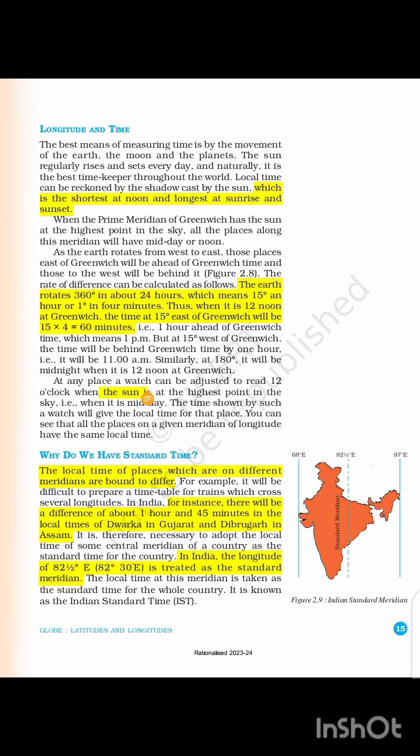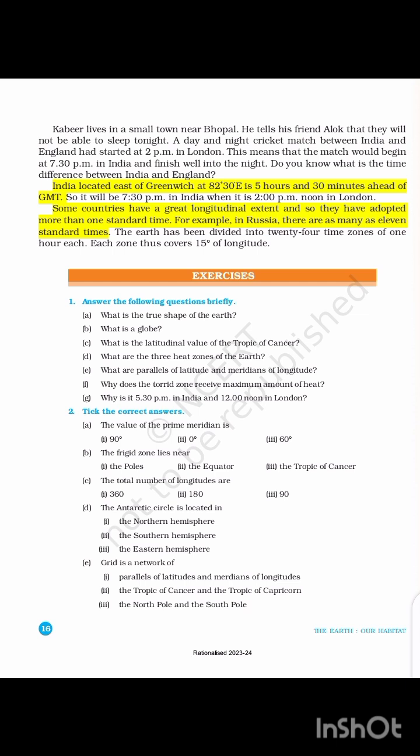So for India, that is the standard longitude on which we all depend for the specific time. So the time in the south will be the same as the north because of this longitude. And whenever we compare our Indian standard time longitude with the Greenwich prime meridian, our standard time will be 5.5 hours ahead of Greenwich meridian time.